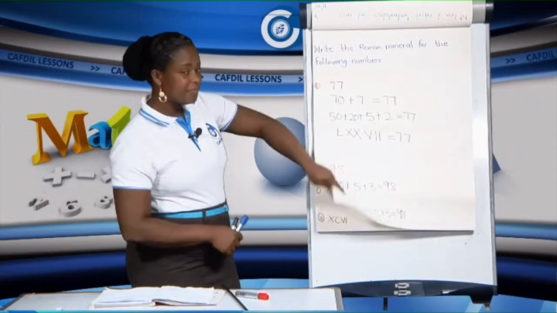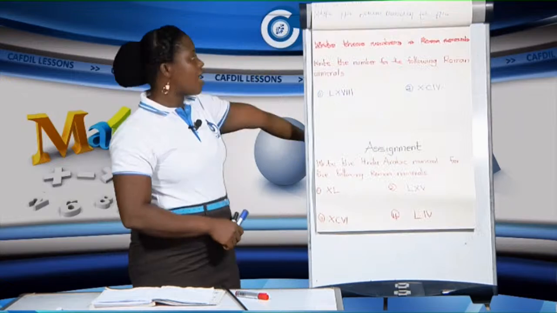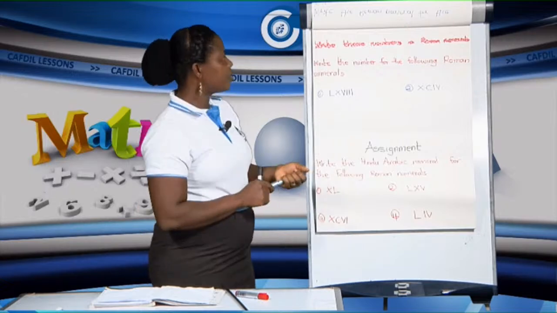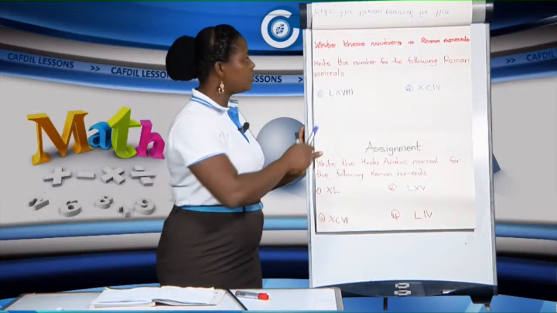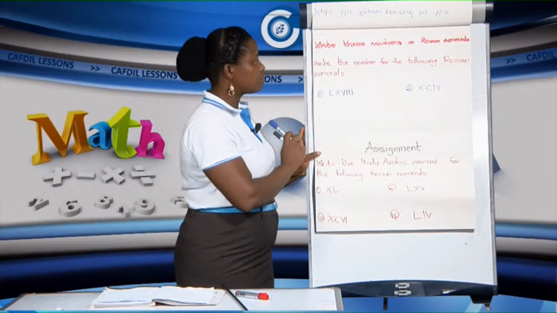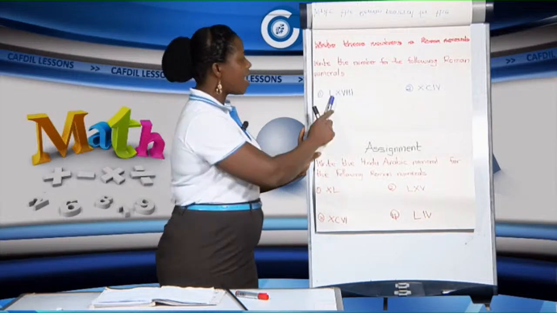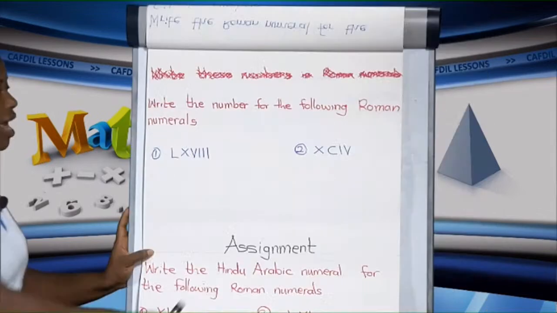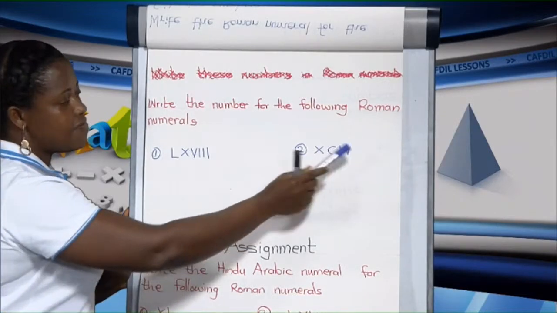Okay. Now we are going to write the Hindu Arabic numeral for the following Roman numerals. We have LXVIII and then XCIV.